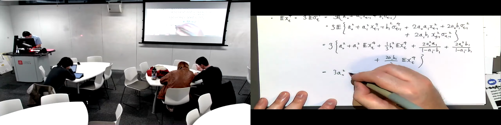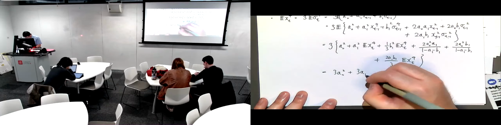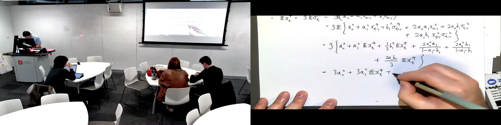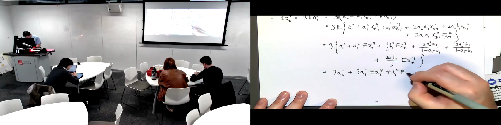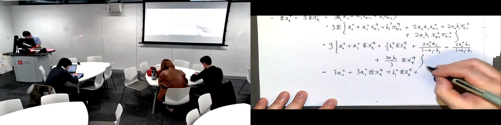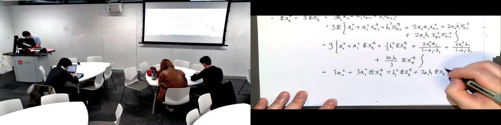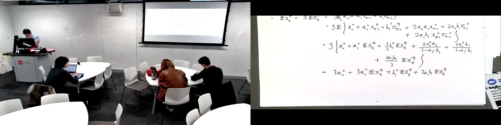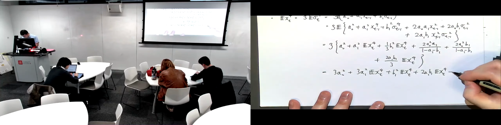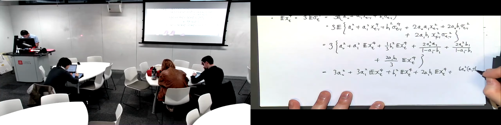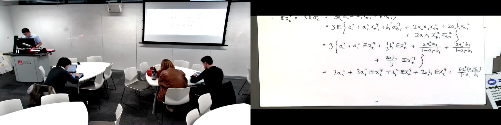So let's multiply the 3 inside first. And then plus 6 a naught squared, a1 plus b1 divided by 1 minus a1 minus b1, right?